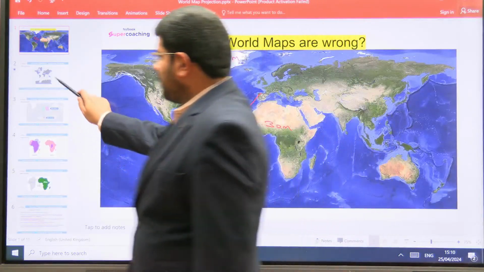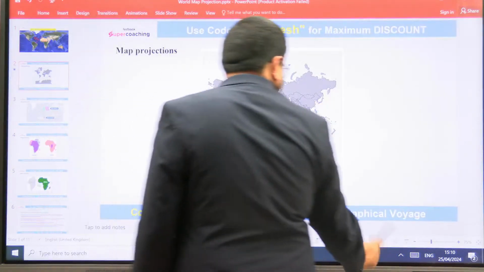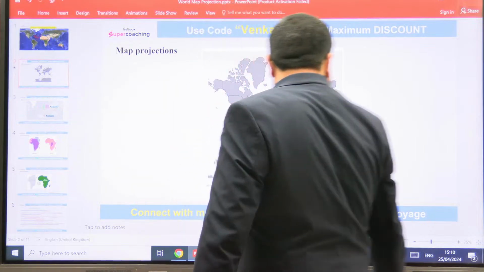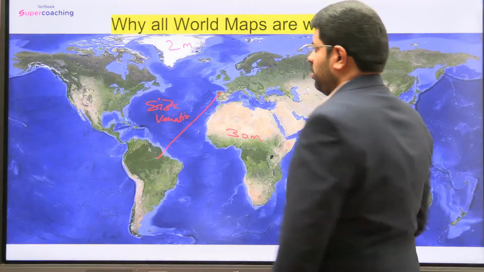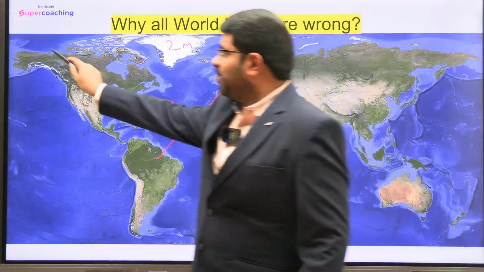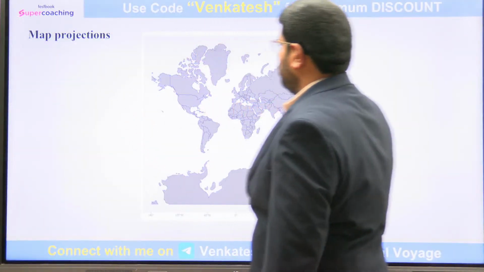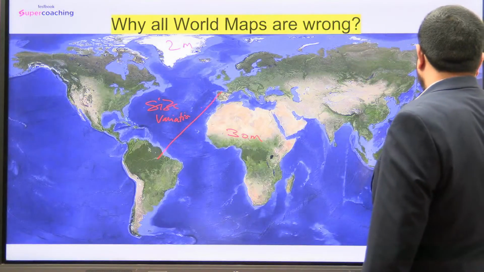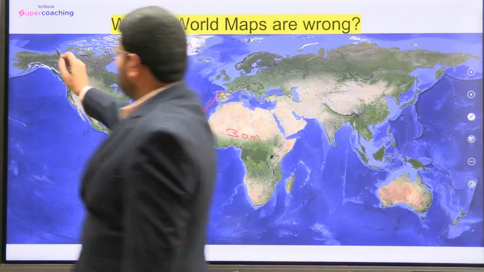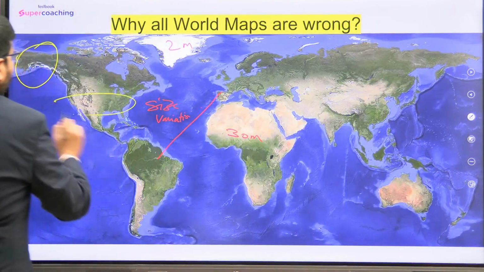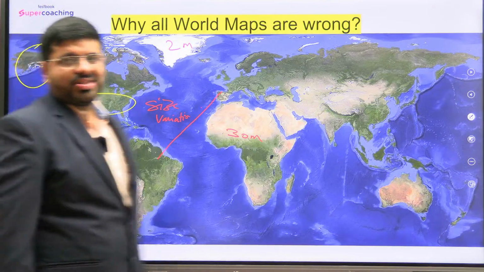Okay. So please understand why all the world maps are very, very distorted. Look at the size of Alaska, right? Look at Alaska here, and look at the size of America. It also looks very, very similar.